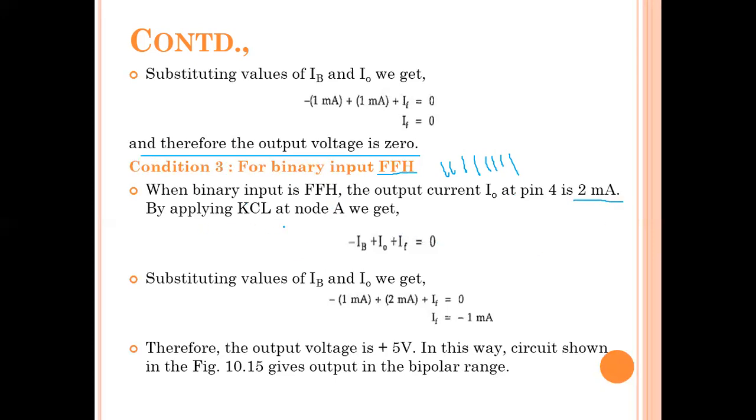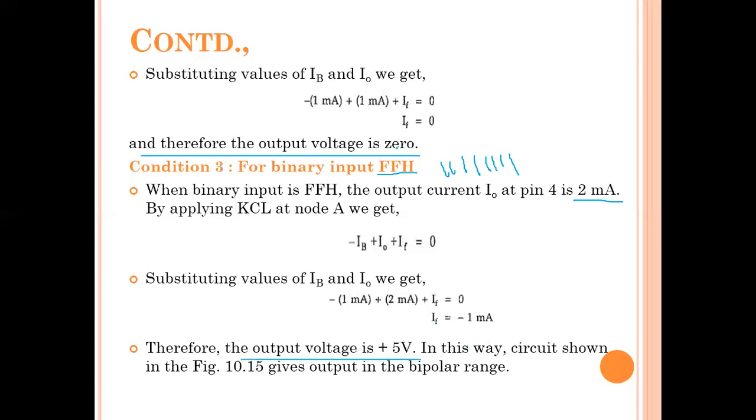If we apply KCL at node A, outside this 1408 DAC, we will be getting minus IB plus I0 plus IF. If you substitute IB as minus 1 milliamp and I0 as 2 milliamps, you will be getting IF equal to minus 1 milliamp. Therefore, output voltage will be equal to plus 5 volts.